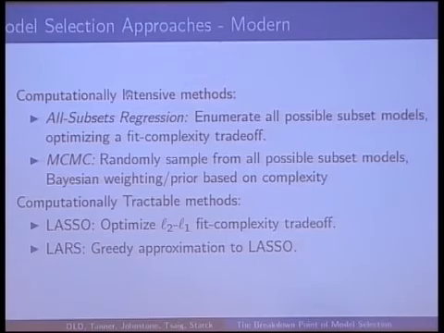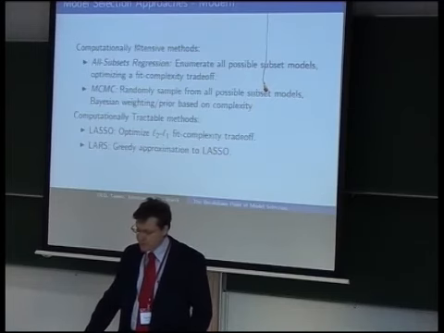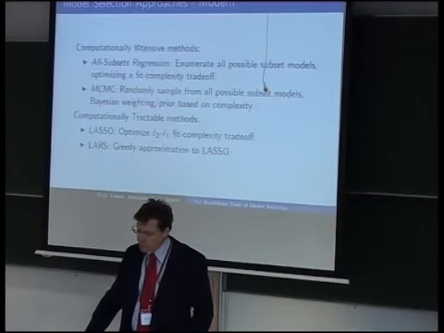Then there are very popular computationally tractable methods like lasso and LARS that optimize things that are not as difficult and combinatorially oriented as all subsets regression, but instead can be effected using convex optimization or even just straightforward linear algebra.